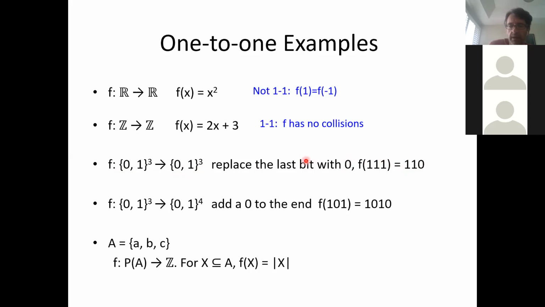Does it ever collide? Does it ever create the same bit string in the same way? And no, right? Why can you convince yourself that it does not collide? Because you can invert it. Because if you give me a value, I can flip it back. And it's also a function that inverts this function, right? So it has no collisions.